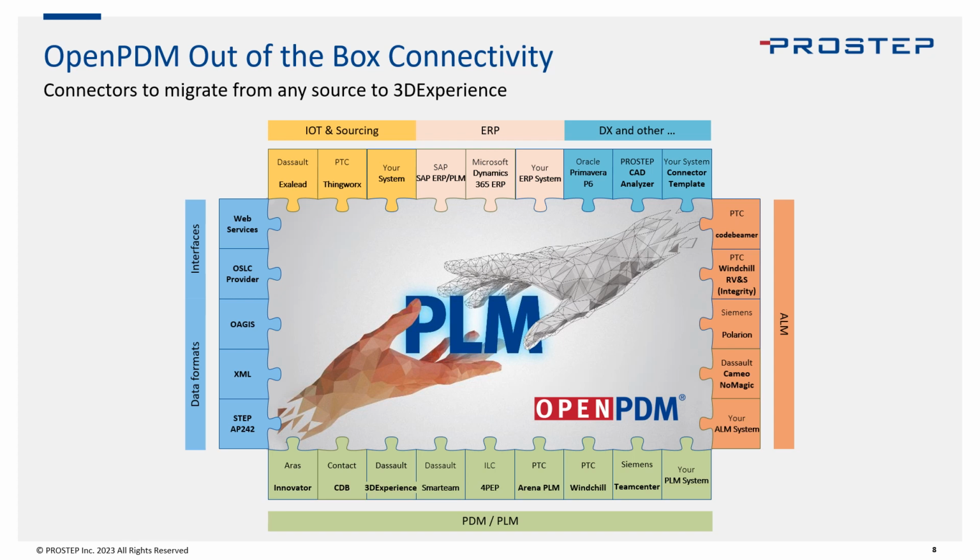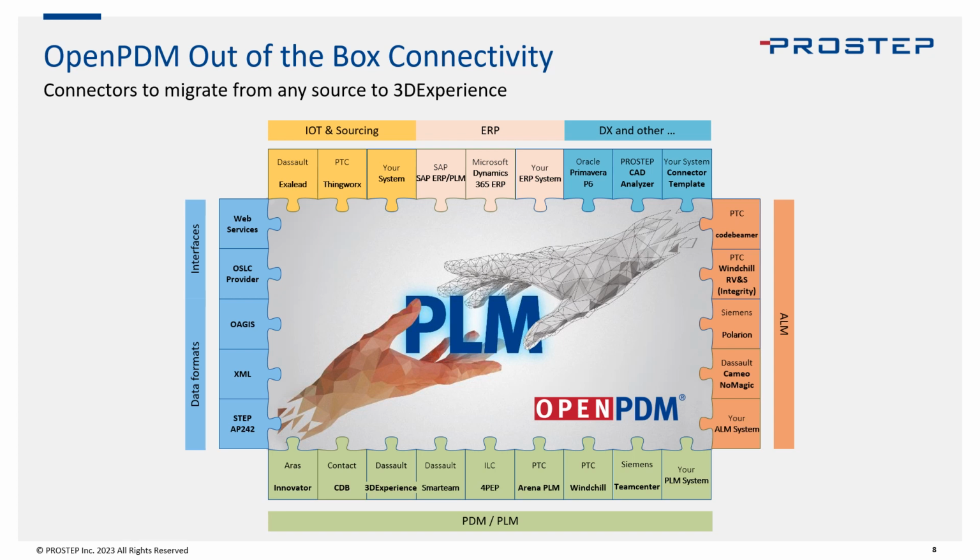So you see on here a wide range of different commercial connectors supported through OpenPDM. That starts with Eris, but also Contact, CDB, 3DX, Smart Team, 4PEP, Arena, Windchill, Team Center, and other systems. So, we've got other legacy connectors that we've supported in the past, like VPM or Eigner Agile, things like that.